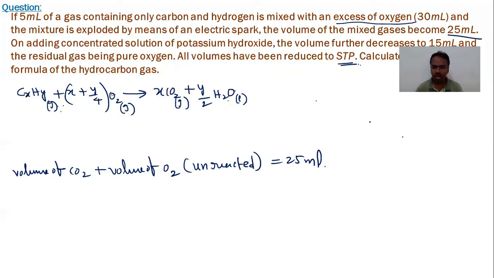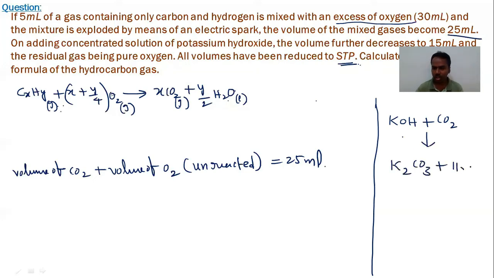Then after that, what happened here? After complete combustion and formation of CO2 and H2O, one more condition is given. After formation of CO2, KOH is passed through the reaction mixture. KOH is basic in nature and CO2 is acidic in character because non-metal oxides are acidic. It produces K2CO3 plus H2O.